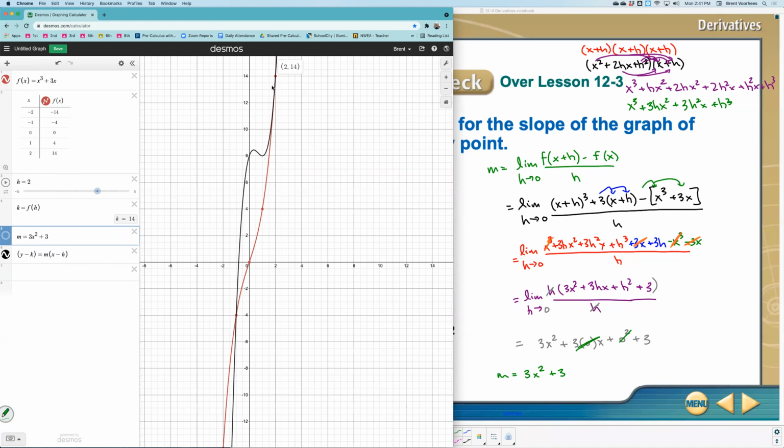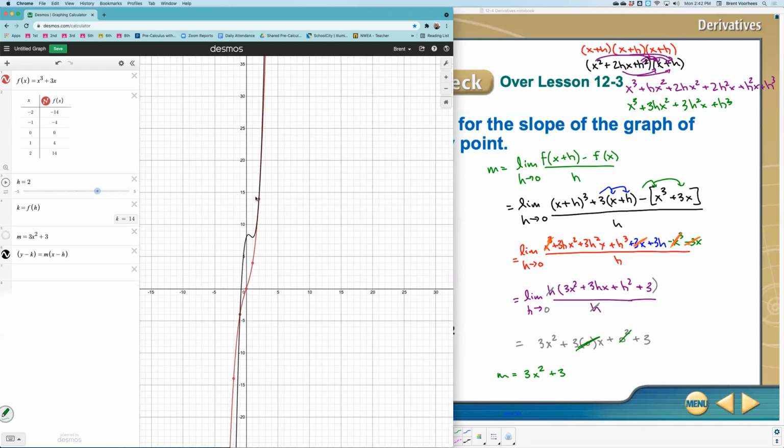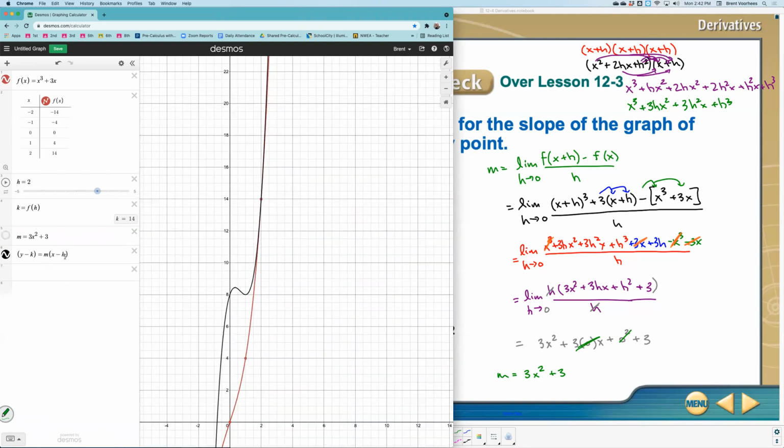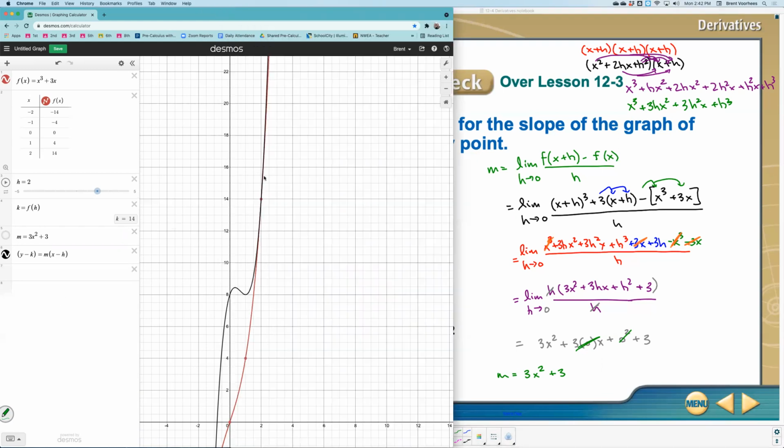The derivative that would just touch that point, just perfectly touch that point right there, would actually come from this equation, which I know looks like a line, but when you multiply that through, it's going to be a cubic graph itself. But that would be the slope, or the equation of the slope of the graph, 3x squared plus 3. And you can see that that is a tangent line there.